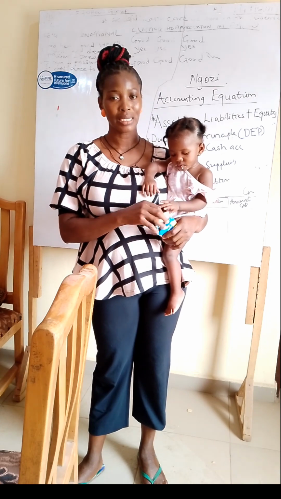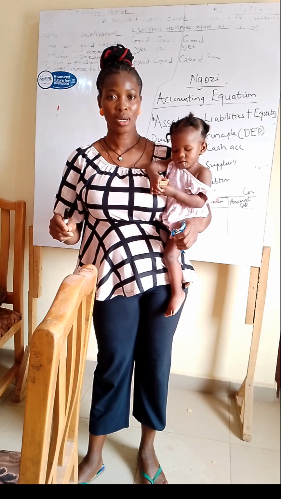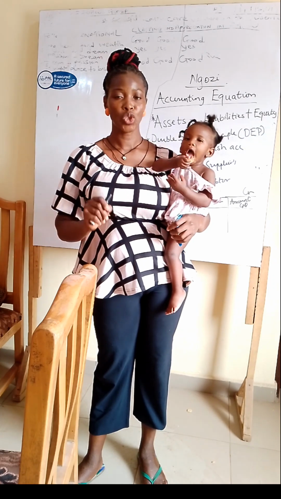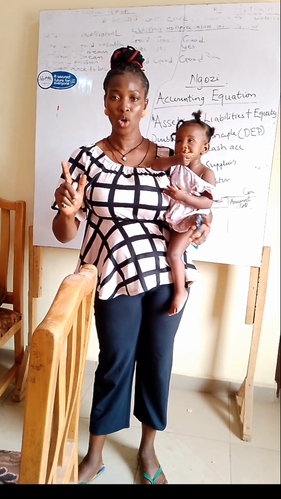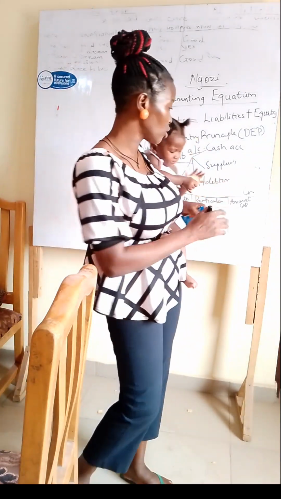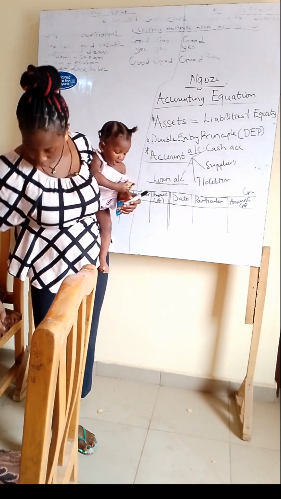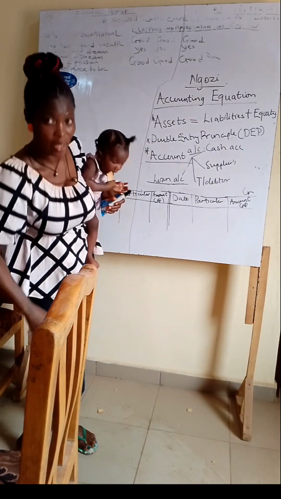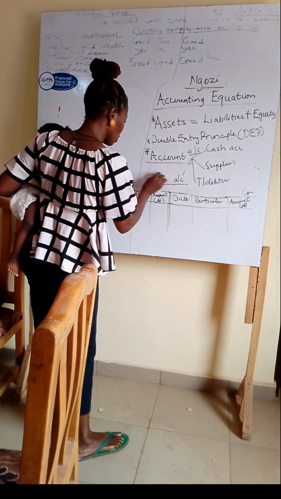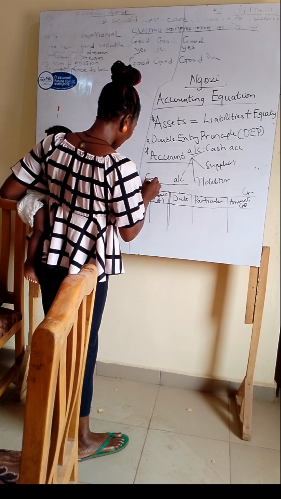You should be able to understand the purpose of this transaction. That will guide you to knowing the account to open. So we'll be having a capital account. I'm going to clean this up so that I can explain properly what we are talking about in this first scenario. So we'll call this our capital account.